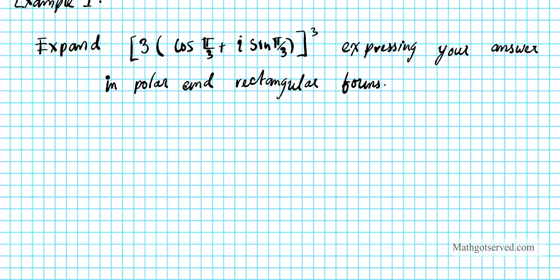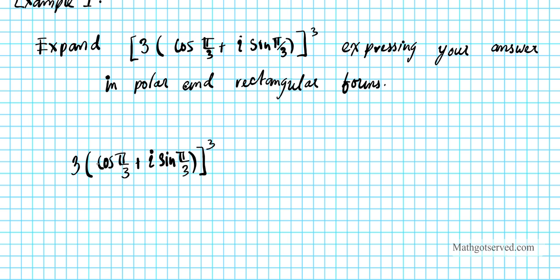All right, so let's go ahead and do it. So we have 3 cosine pi over 3 plus i sine pi over 3 raised to the third power.